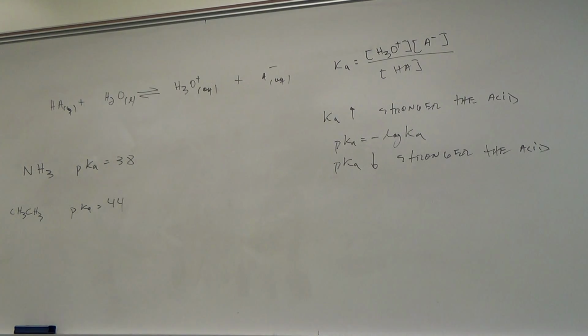The first one is a stronger acid. Now I want you to draw the conjugate base of each of those, and tell me which one is the stronger conjugate base.